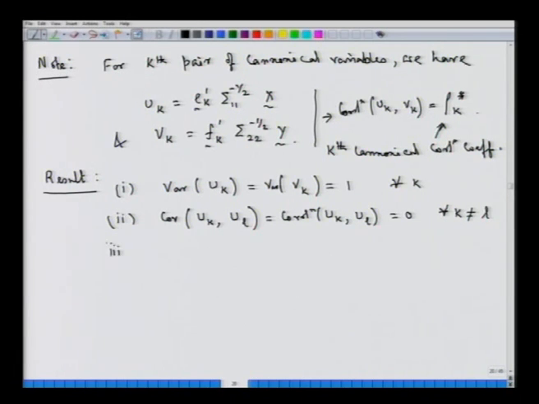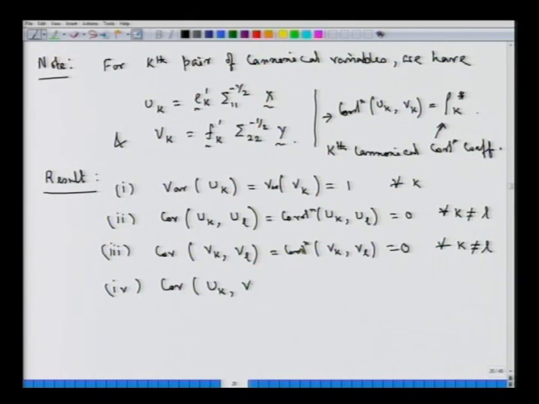Number 3 is that the covariance between V_k and V_l, which is equal to the correlation coefficient between V_k and V_l, is also going to be equal to 0 for every k not equal to l. And also the fourth one, which is the covariance between U_k and V_l, is going to be equal to the correlation coefficient between U_k and V_l.